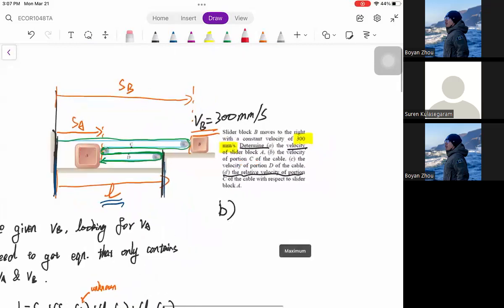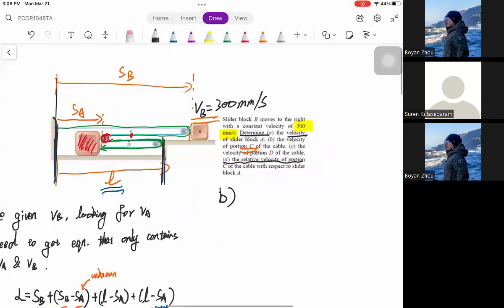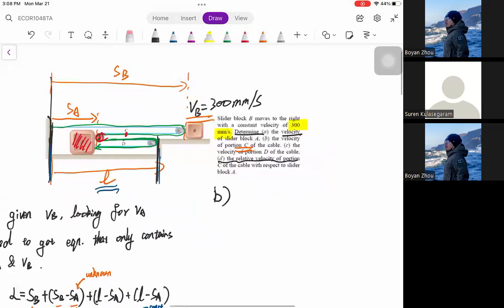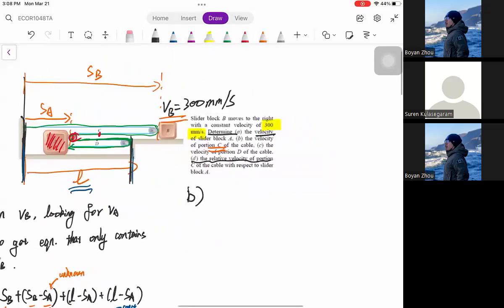So for this one, we can simplify the model to make the question a little easier to understand. So we're going to redraw the model here. The rope is going to start from here, the same as before.